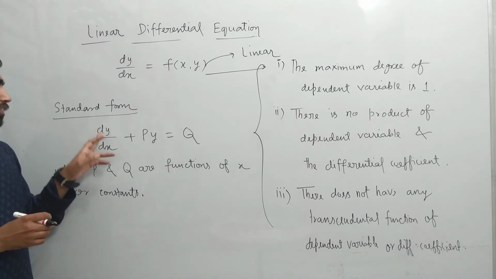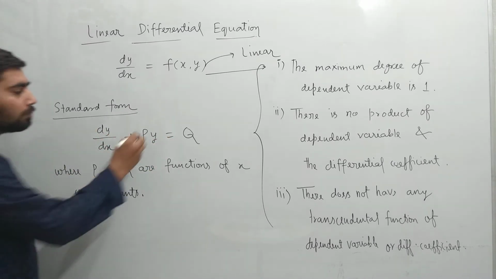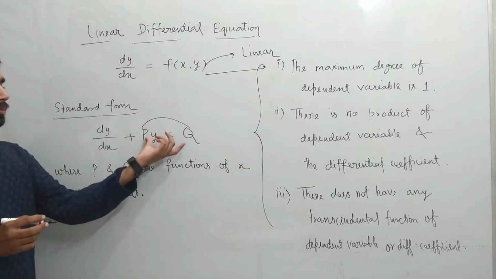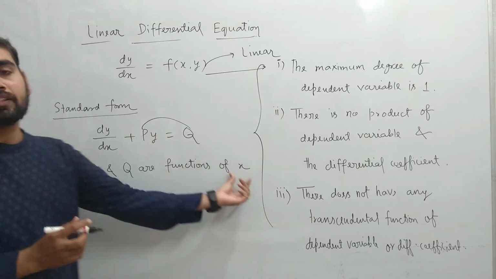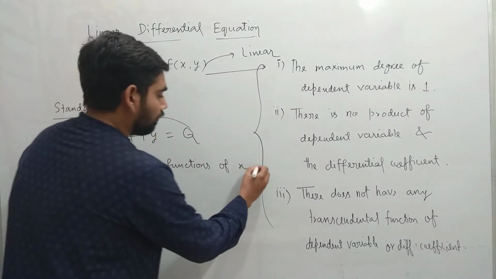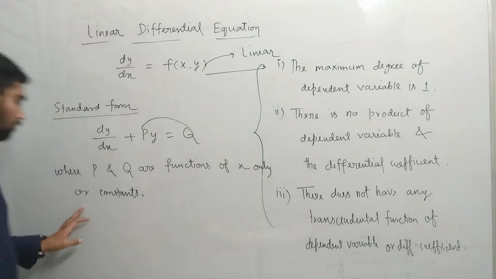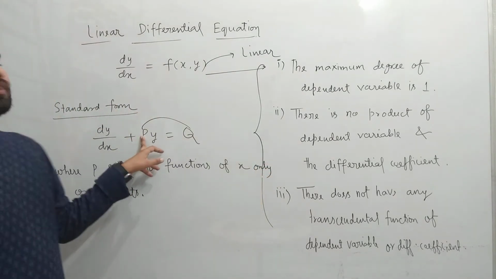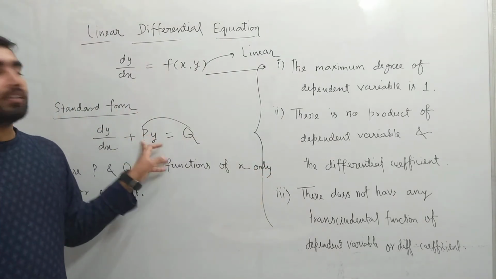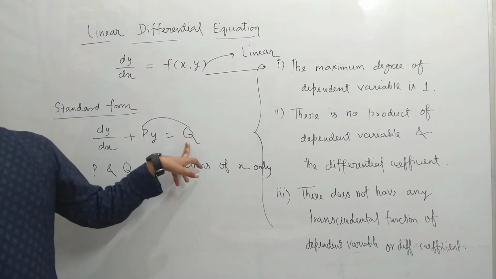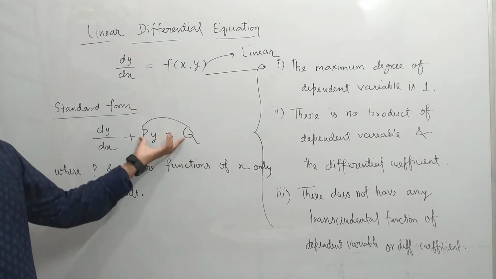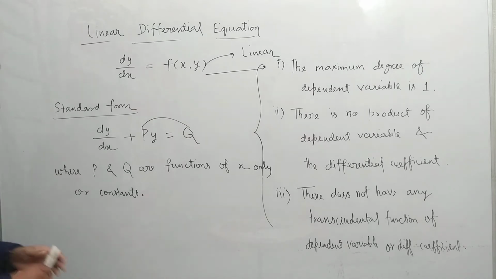Here p and q are functions of x only, or constants. P can be a function of x, it cannot be a function of y. Q can be a function of x, it cannot be a function of y, and these two can be constants.